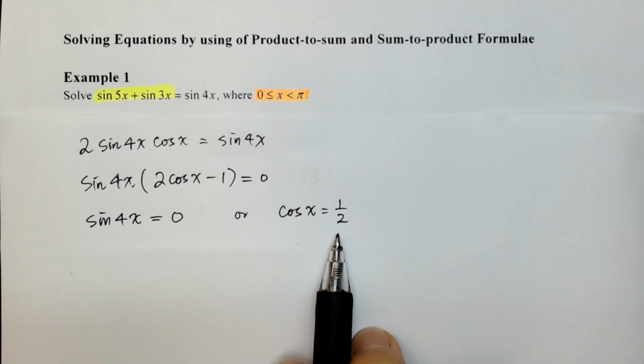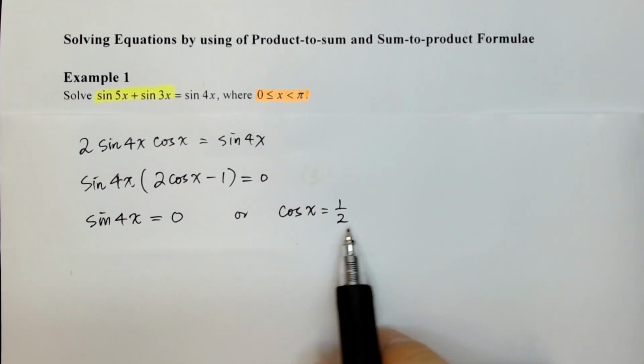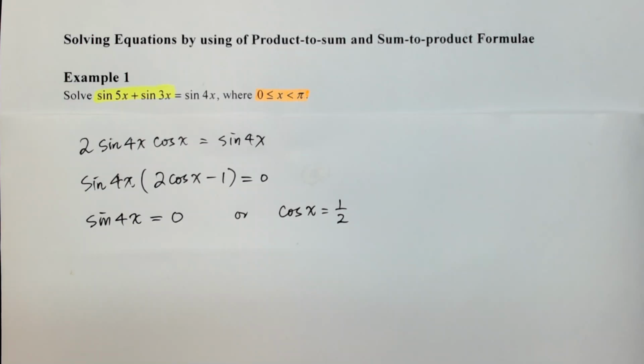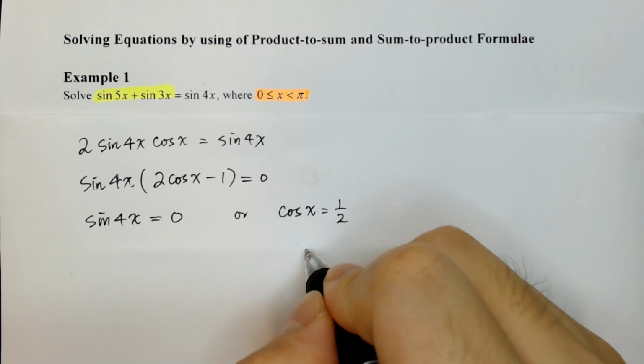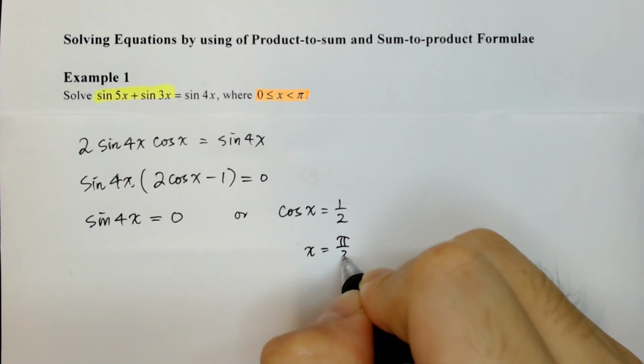Now, we have the next step: sine 4x equals 0 or cosine x equals 1/2. Cosine x equals 1/2 is easy because it's a special angle, so we know x is pi over 3 here.